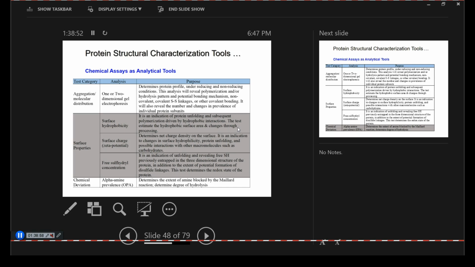Let's say I want to determine the impact of processing time, thermal treatment, on surface hydrophobicity. So surface hydrophobicity versus heating time: 5 minutes, 10, 15, 20, 25, etc. At zero time of heating, we have a certain surface hydrophobicity.